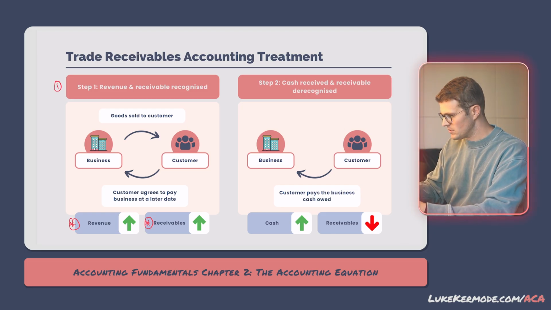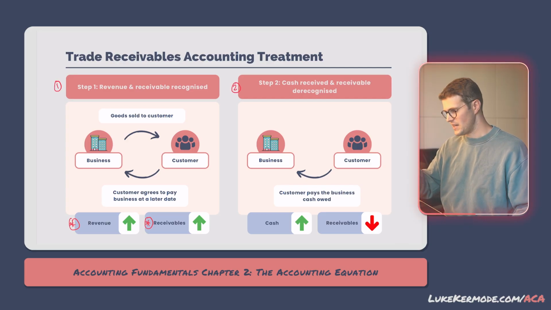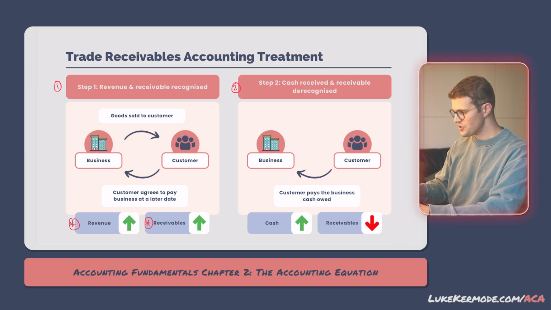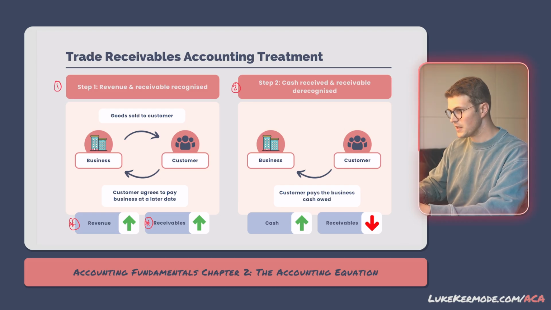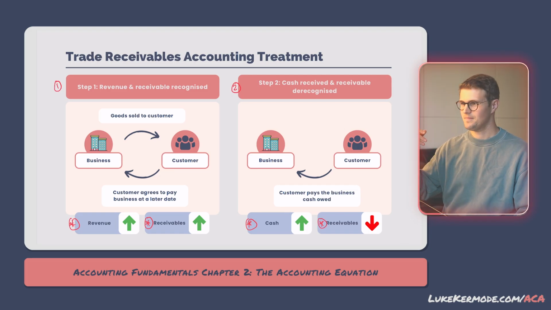Step two, the customer pays the amount they owe, so the business now receives the cash, so the cash balance increases, and also receivables decreases because the outstanding balance has been cleared.